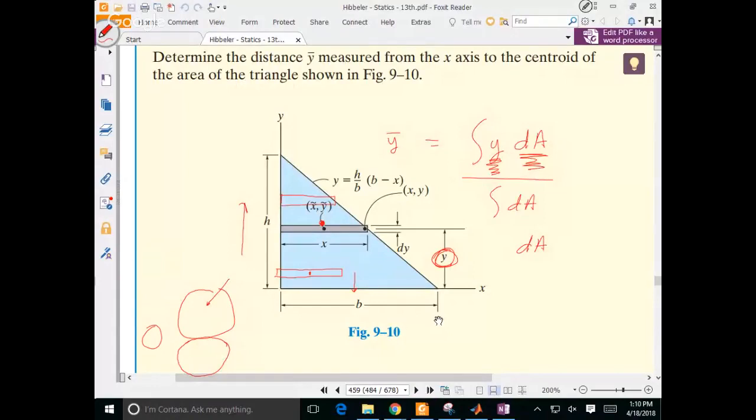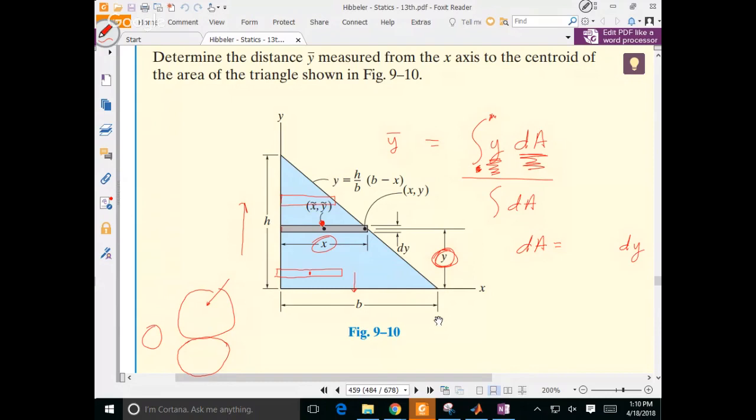In this case, it's this strip. Well, it's a dy, but you got to move over here to the right, put the dy out here. But how big is X? I mean, you could write X, but you got to have the limits. In other words, you got to have the limit down here, and the limit up here.